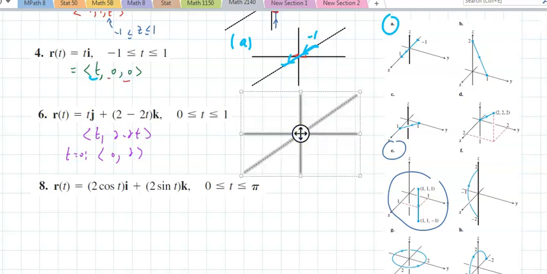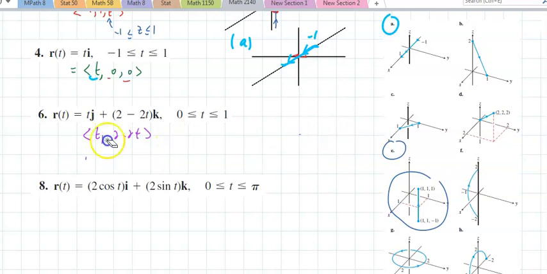Oh, 0, 2, 0. I'm sorry, this is 3D. I forgot about that. Oh my god, I messed up the problem. I'm sorry, let's do it again.